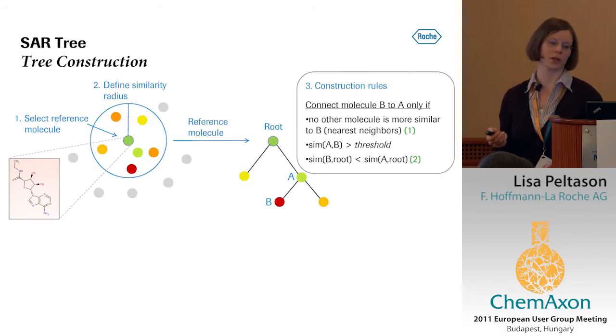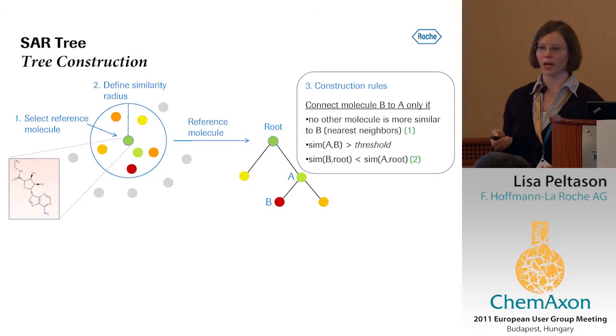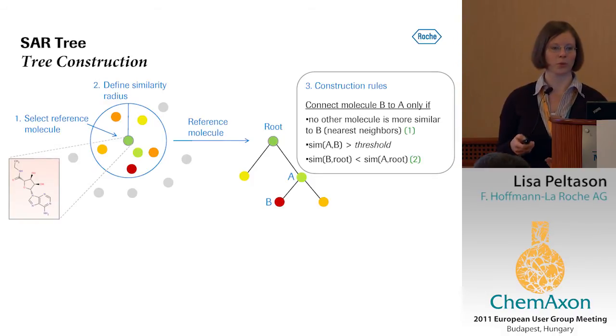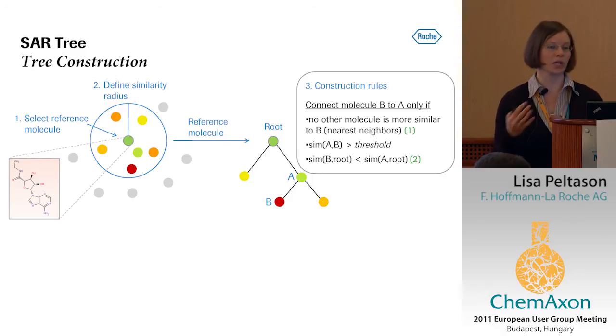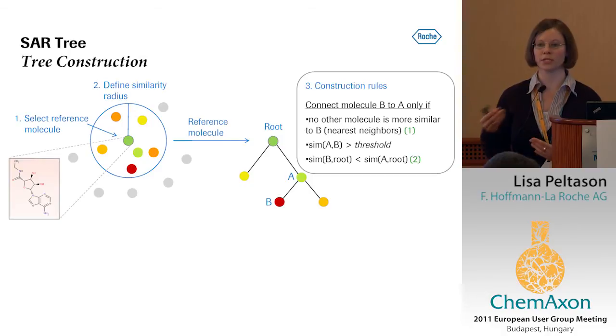Now we go on and put the reference molecule at the root of the tree, and we subsequently add all other molecules to the tree. And there are basically three construction rules to that. When we have a molecule B that should be added to the tree, we of course have to decide where to add it in the tree. The first rule is we will add it to its nearest neighbor.